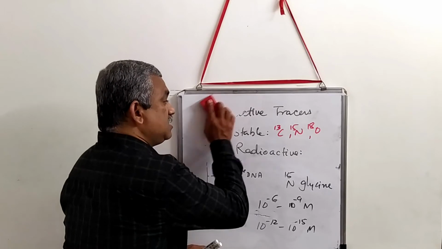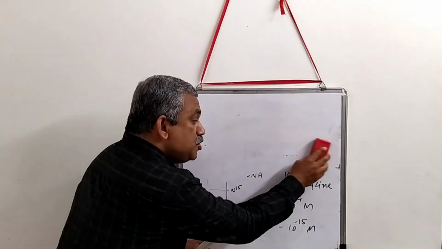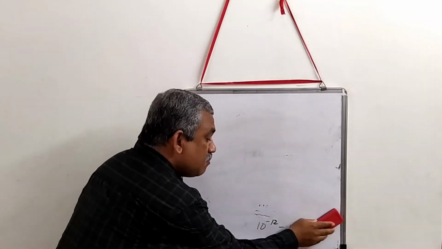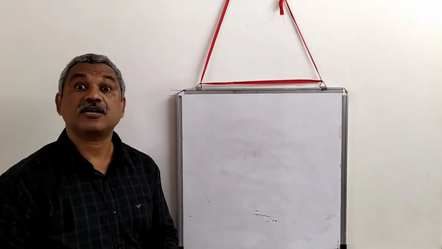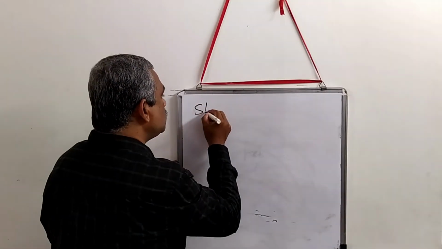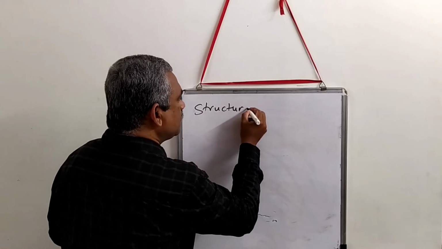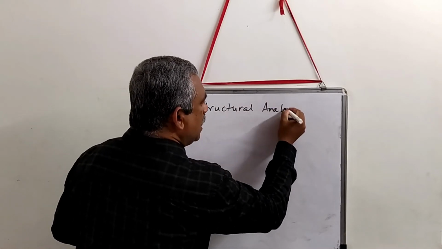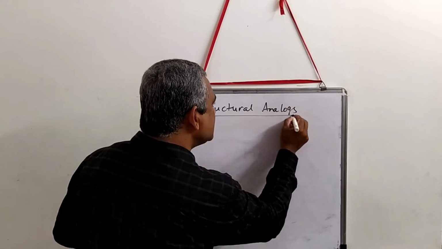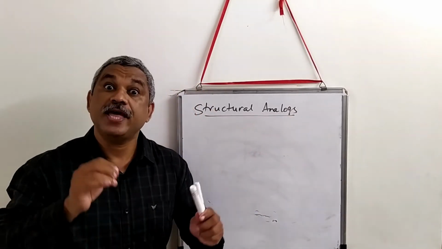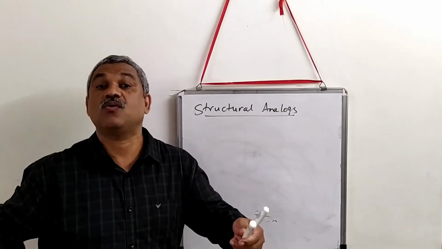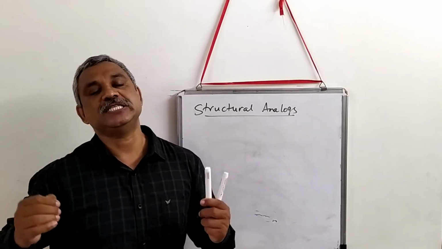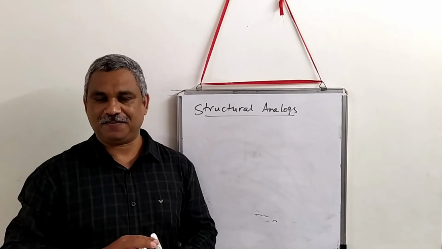Another important methodology for elucidating metabolic pathways is the use of structural analogues. These look similar to one of the intermediates or a cofactor used in a particular reaction.